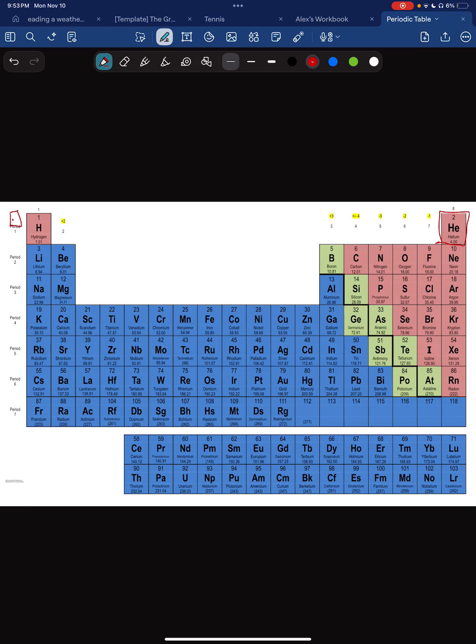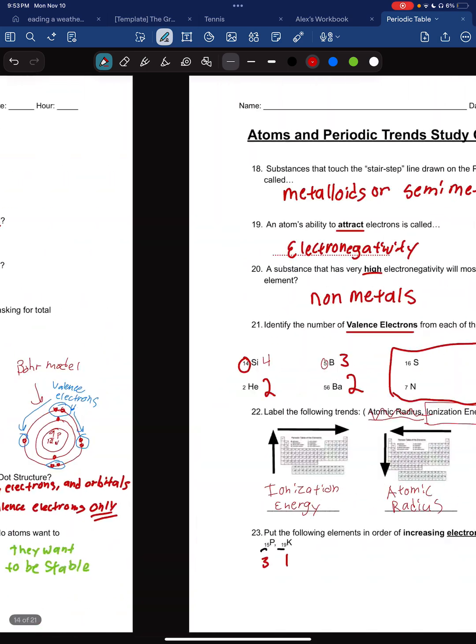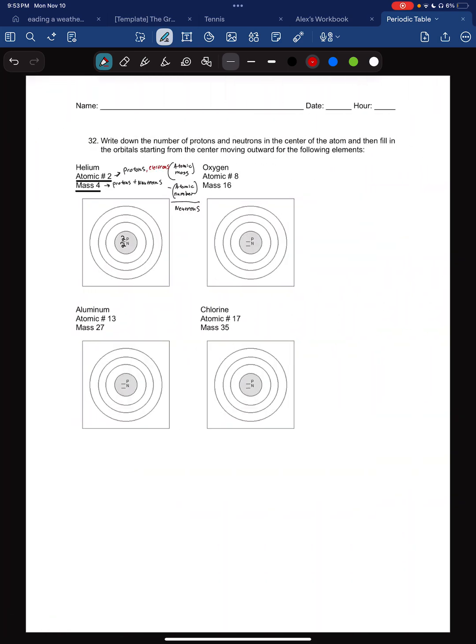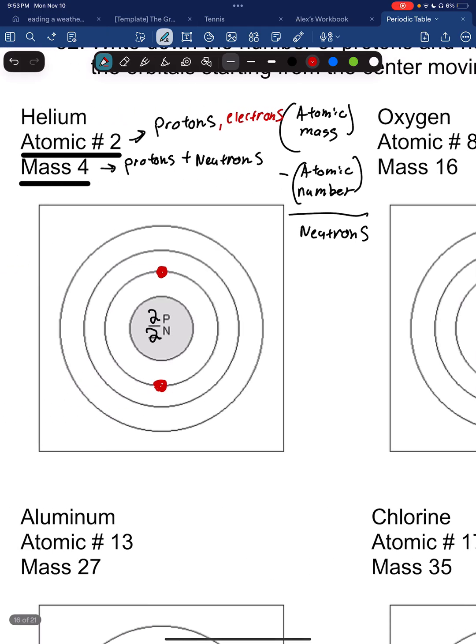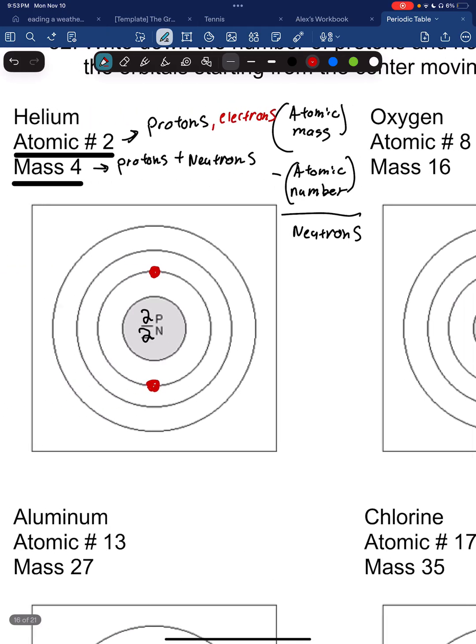Then you're going to go from left to right. So we have 2 boxes. Okay, we got 1, 2. That means we can only fit 2 electrons in our first orbital. So we're going to go 1 and 2. Okay, now it should look something like this when you're done.